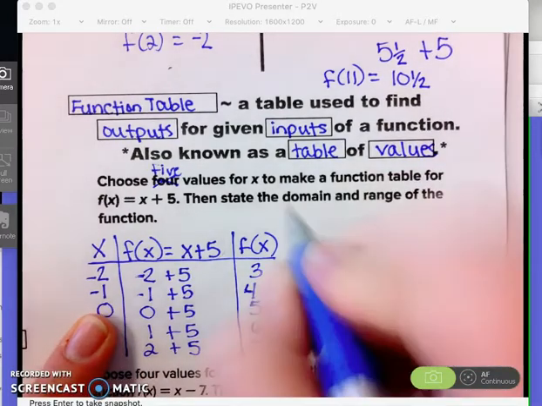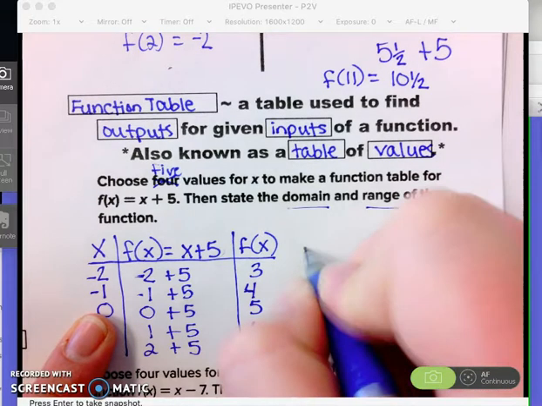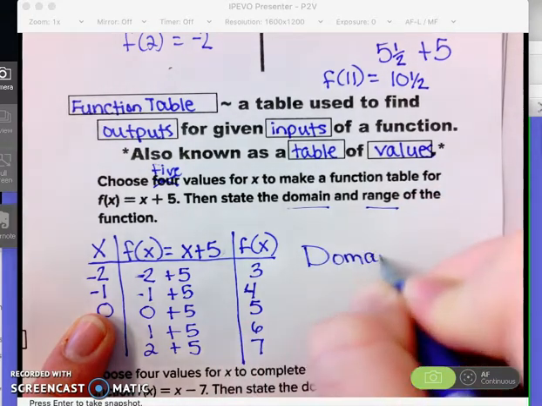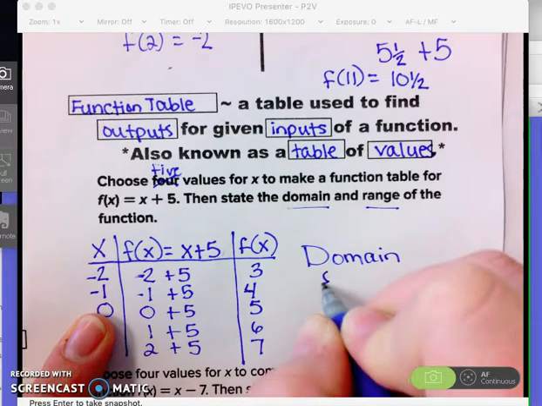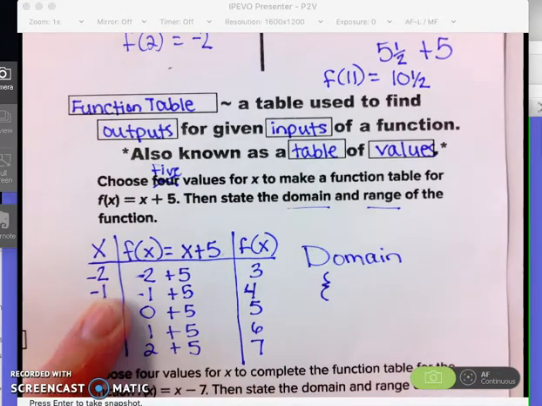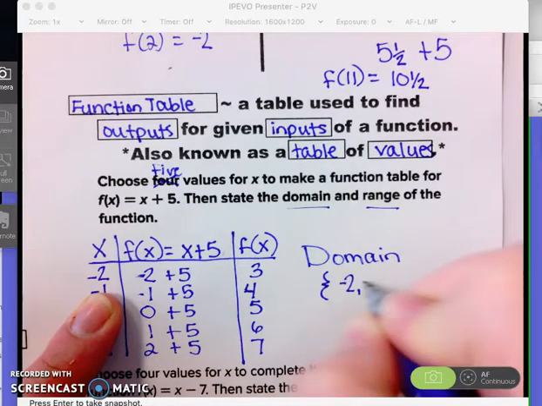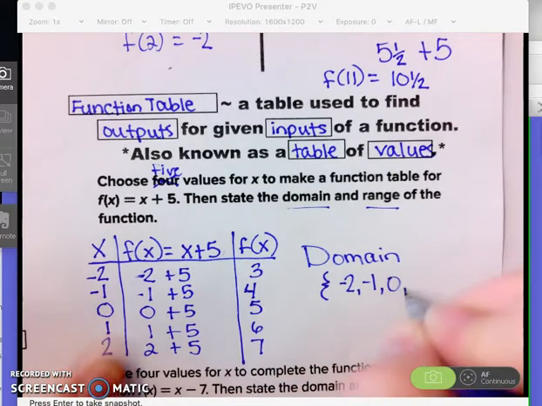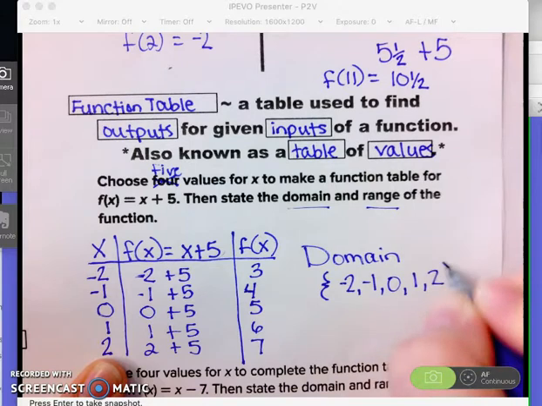And then we want to state the domain and the range. So our domain, remember we need our little brackets. We want to write these from least to greatest. We have written them already from least to greatest, so we'll just copy them: -2, -1, 0, 1, and 2.